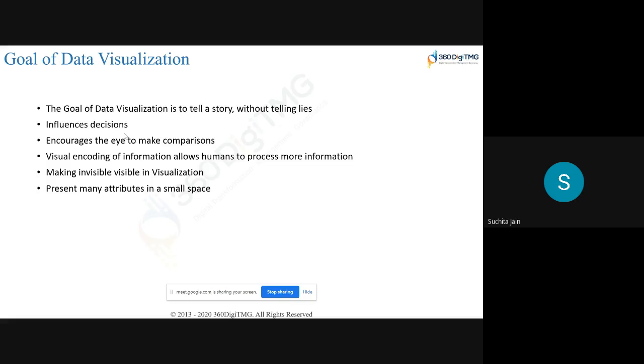So it shows us problems which we don't even think can happen, or possibly shows the solution for problems which already exist. Okay, present many attributes in small space. Again, a graphical representation will show you a story in one single chart or in two different charts.